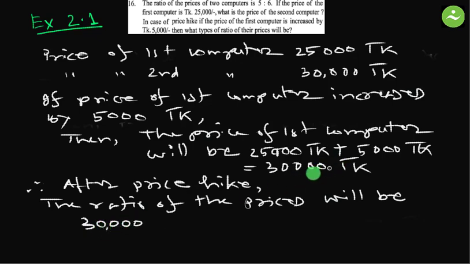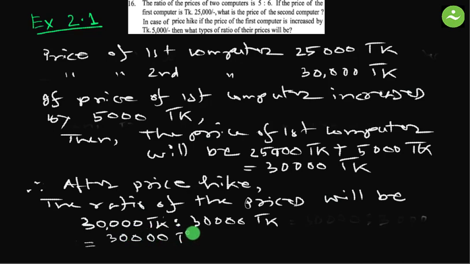We already found 30,000 taka is to 30,000 taka. After price hike, the price of both of the computers will be same. Both will be 30,000. So the ratio will be 30,000 taka is to 30,000 taka.